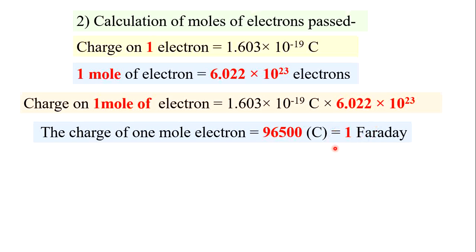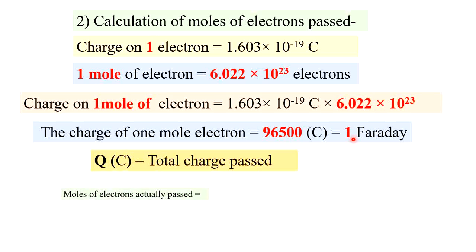So 1 Faraday of electricity is equal to 96,500 coulombs, and that is the charge on 1 mole of electrons. So when 1 mole of electrons is there, the quantity of electricity is 96,500 coulombs, equal to 1 Faraday of electricity.